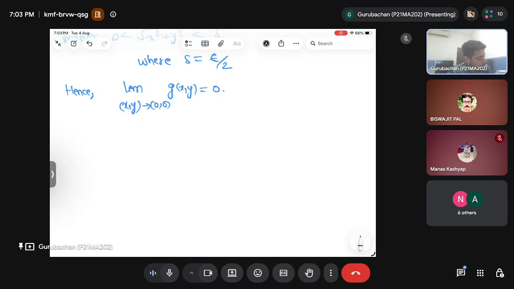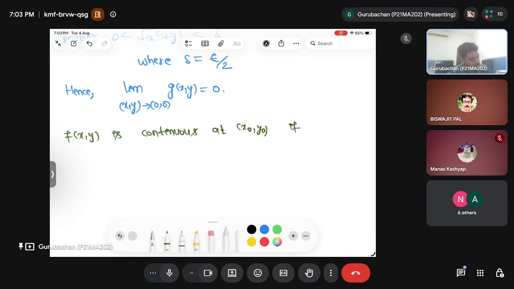So I'm writing directly for the two variables case, so I hope it will not be a problem. f(x,y) is continuous at (x naught, y naught) if, so, this is the case.